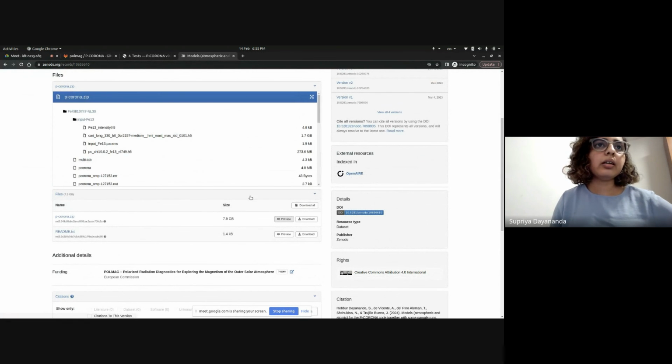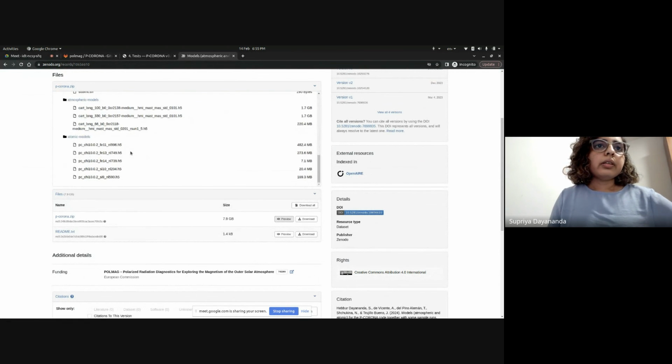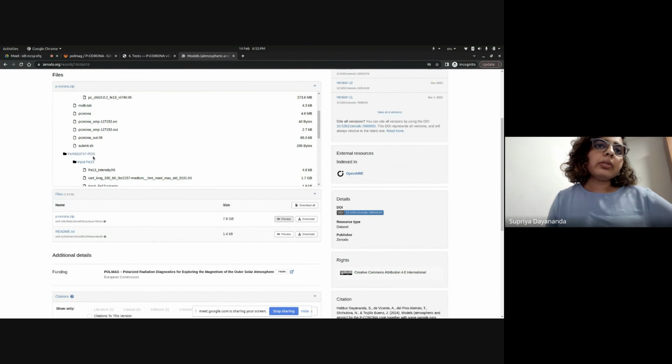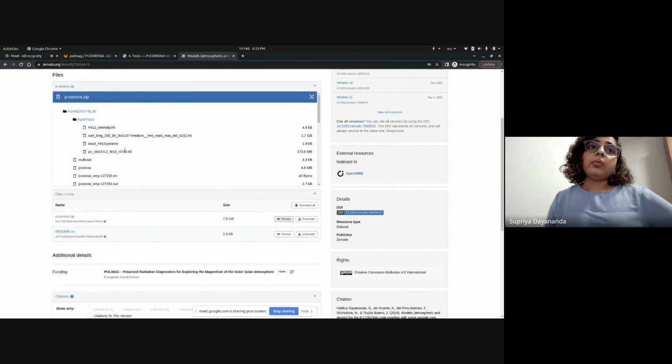You would see here the different ions, mainly the ones we would be interested in, and also two example outputs for the kind of parameter settings you should use if you want to do the computations only in the plane of the sky, or if you want to do computations to obtain the full profiles and things like that.